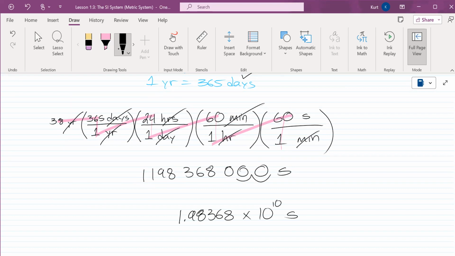So 1, 2, 3, 4, 5, 6, 7, 8, 9. Oh, right. 1.1. My eraser is a little slow here. There we go. And that's to the 10th or 9th? 9. 1.198368 times 10 to the 9th seconds. All right. That's a good place to stop, guys.